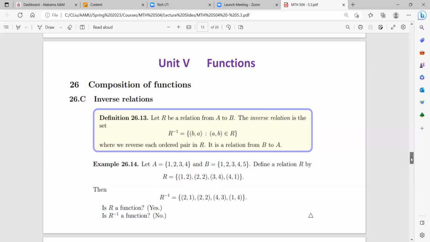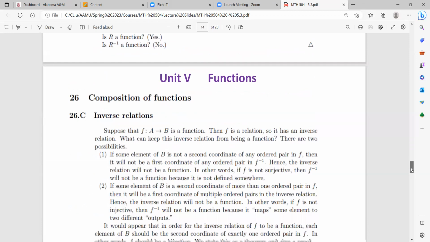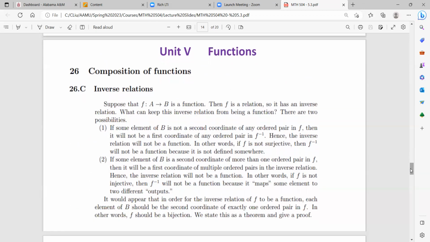Okay. So then the natural question is, in what circumstances do we have a function from the inverse relation? And then we can check the reasons why it does not make a function. All right.